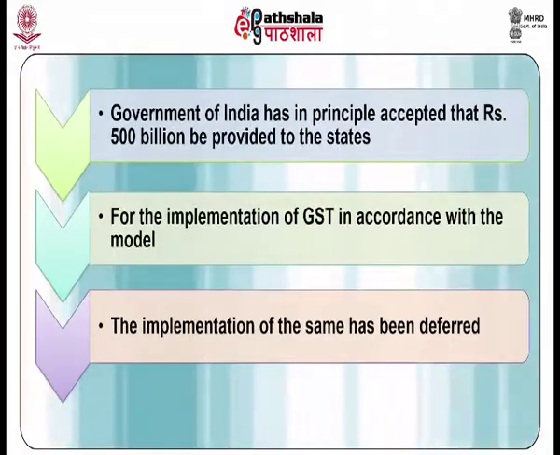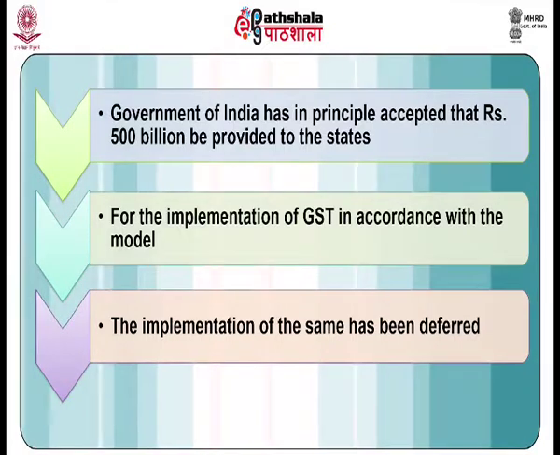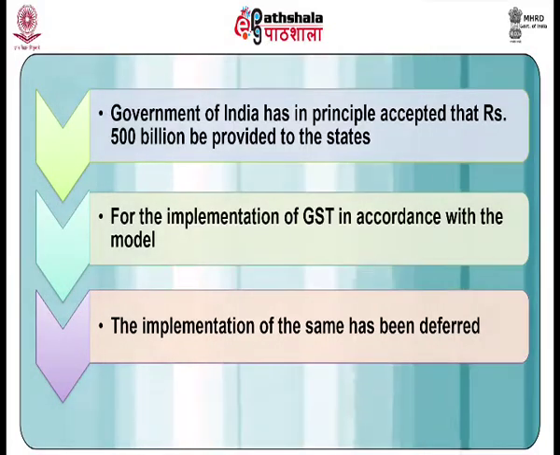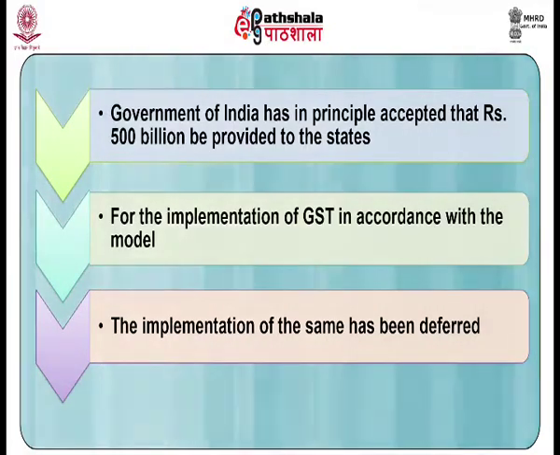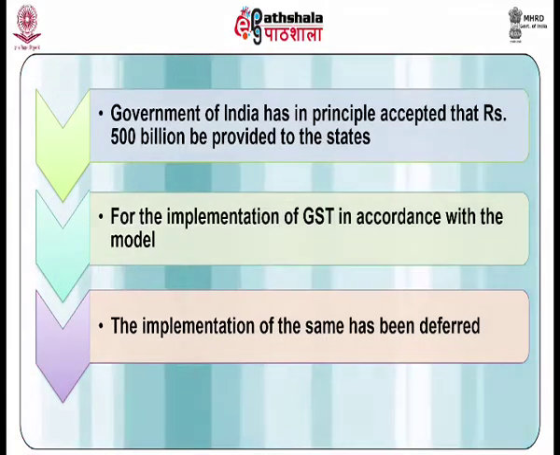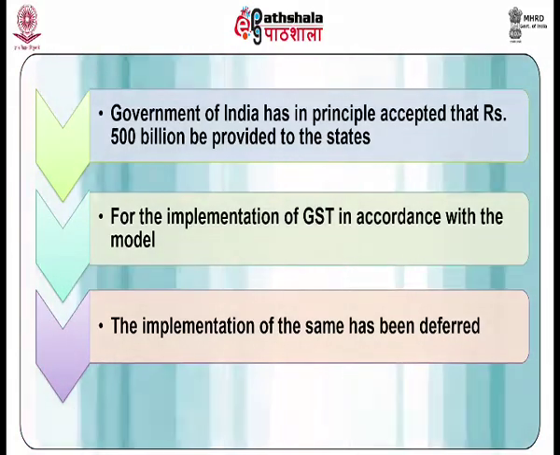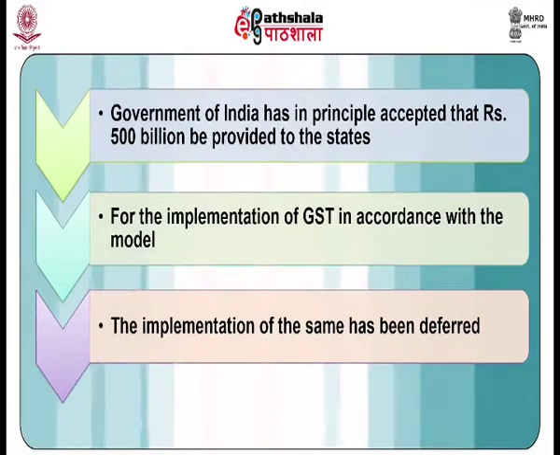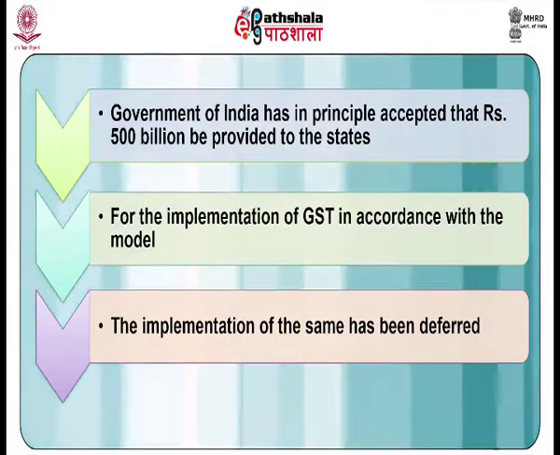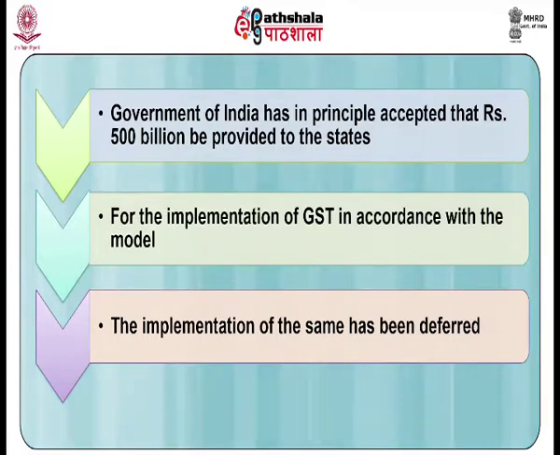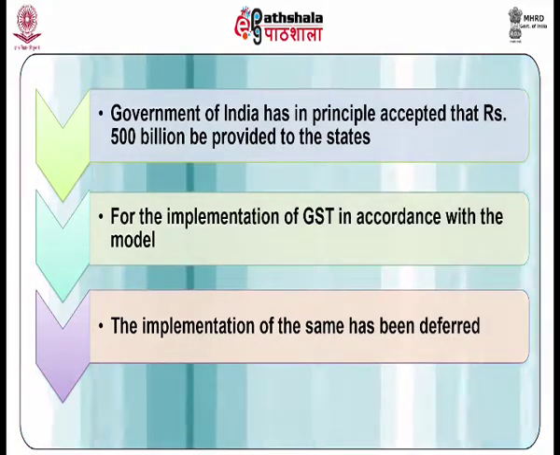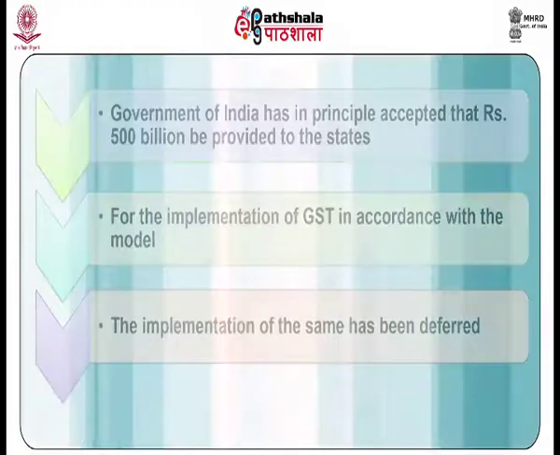The Government of India has in principle accepted the recommendation that rupees 500 billion be provided to the states for the implementation of GST in accordance with the model recommended by the 13th Finance Commission. The implementation of the same has been deferred.